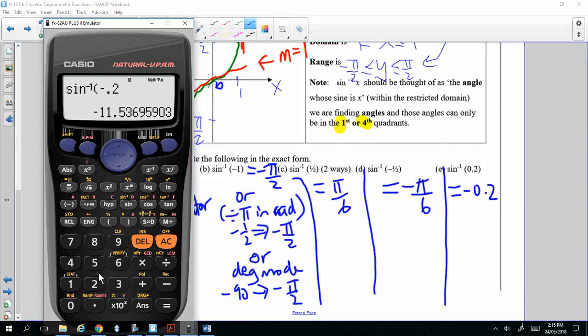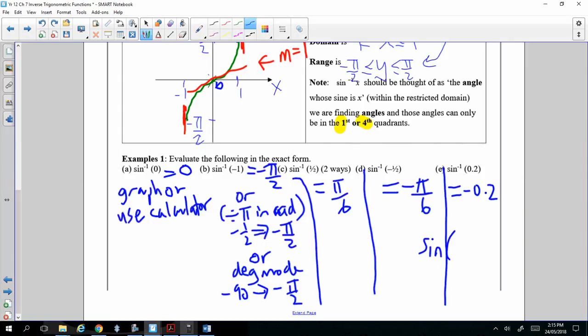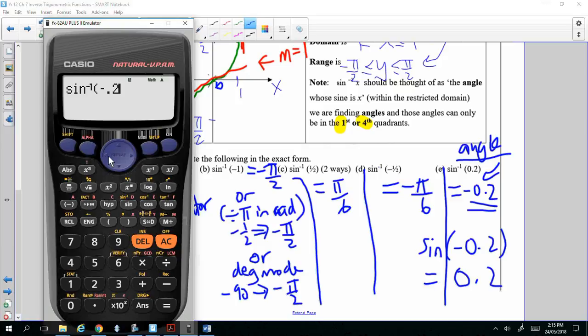So that means if I do sine of 0.2 radian, it gives me the answer 0.2. Remember, the answer you're getting is now an angle. It's just a coincidence that they look very close, 0.2 and 0.2. If you pick a different number, say 0.4, you'll get something different. All right, let's move on.